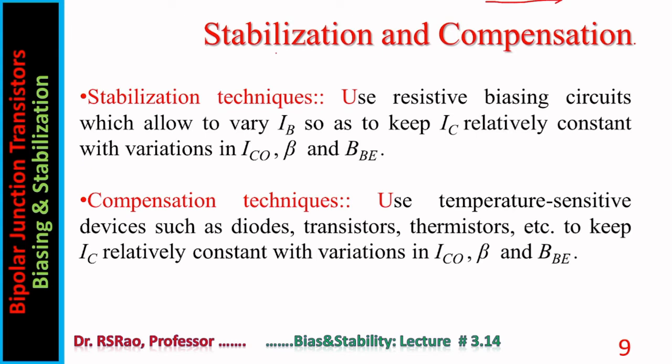Now, a few points regarding stabilization and compensation. What is stabilization? What is compensation? BJTs, bipolar junction transistors, they suffer with one serious disadvantage. Technical name for this problem is instability. What is this instability?